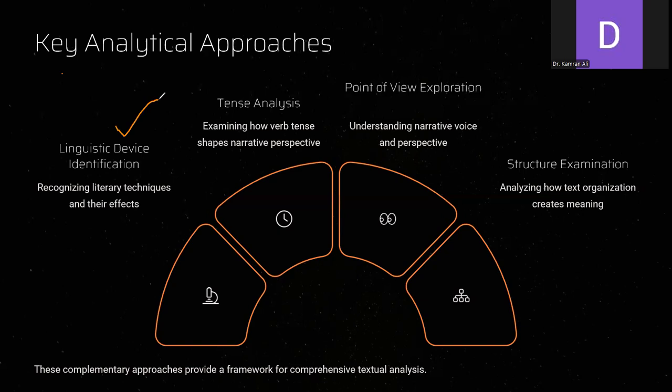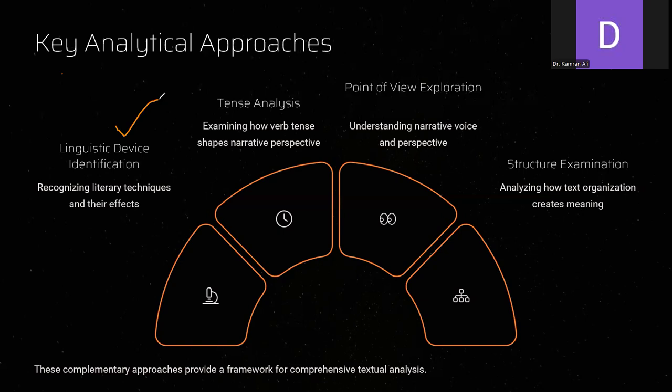For example, you need to identify personification, metaphors, similes, facts, statistics, anecdotes, all of those things, rule of three. All these literary devices have been discussed in the class, so you have to try to identify them in the text.